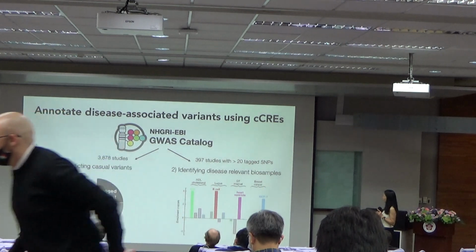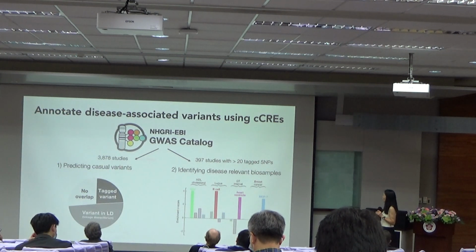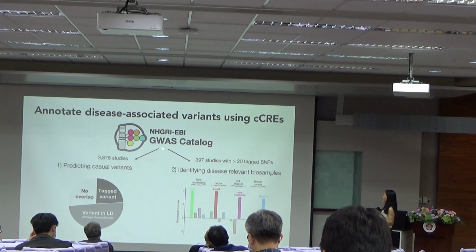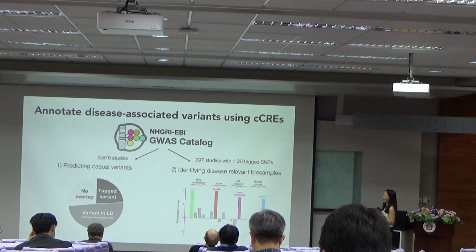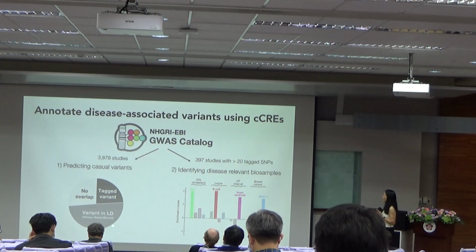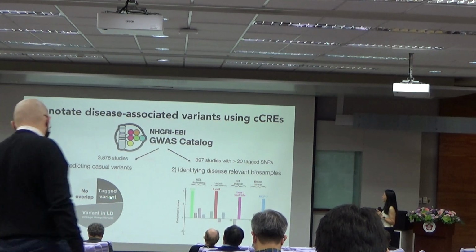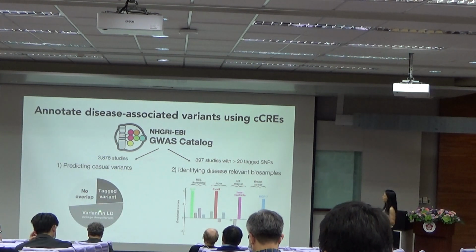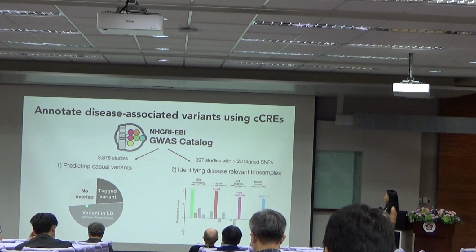with traits and diseases? For the ENCODE 3 paper, we systematically looked through the catalogs by NHGRI and EBI, the GWAS catalog. At that time, it had 3,800 studies, and now it's more like 10,000 studies. We can look at the variants, and then we have to take into account the linkage disequilibrium structure in the human genome.